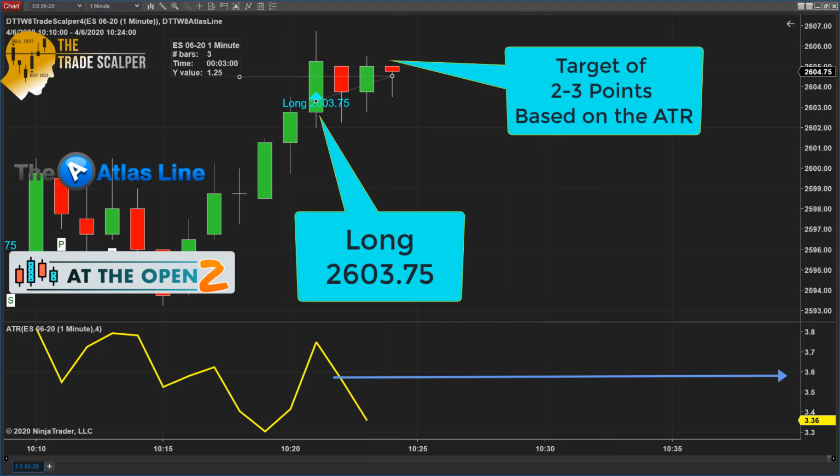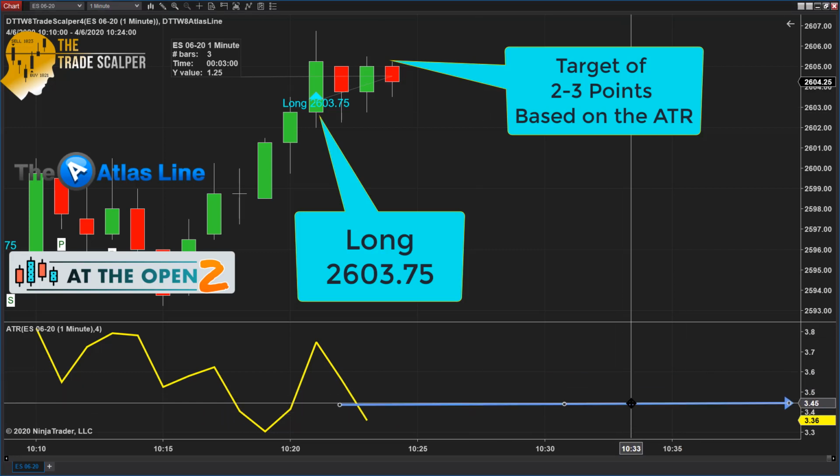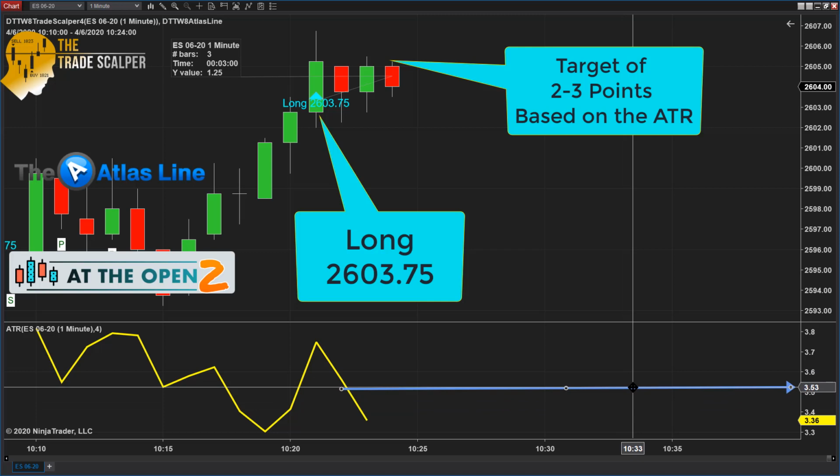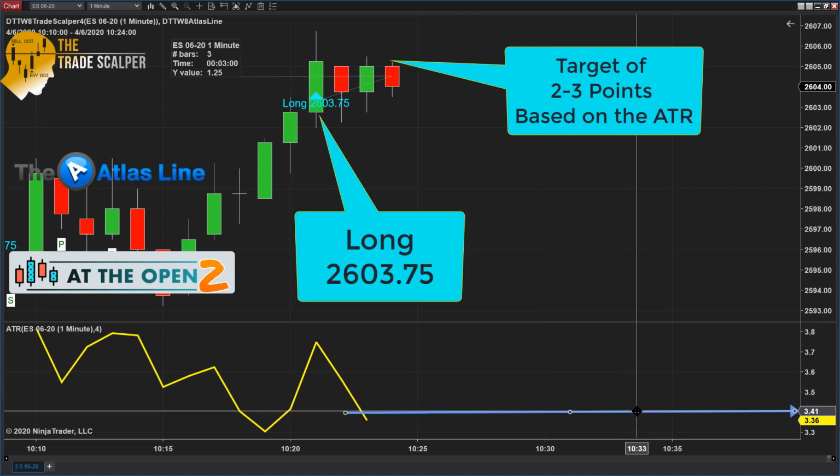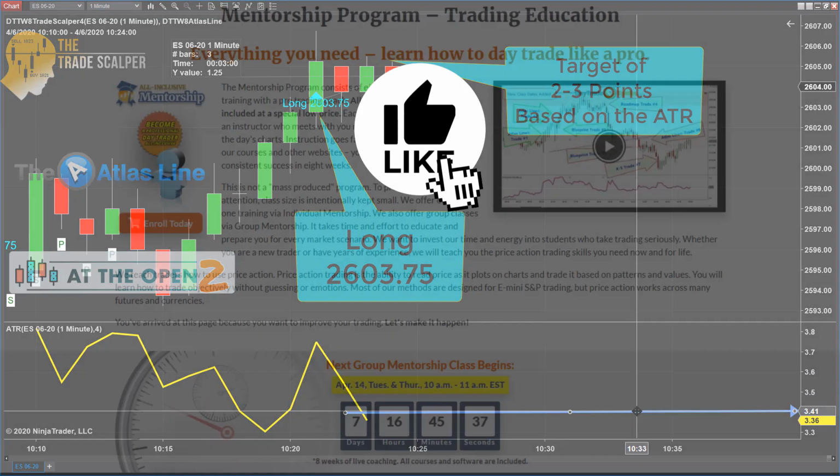Right, Dimitri? Now, I am going to say that because the ATR is at 3.5 points, cutting that in half is at least a good starting point before you begin to trail a stop.